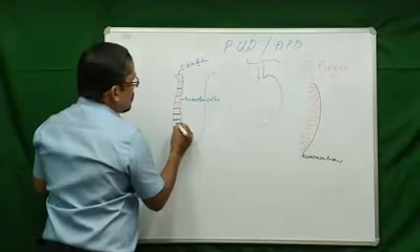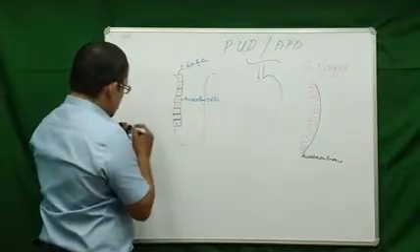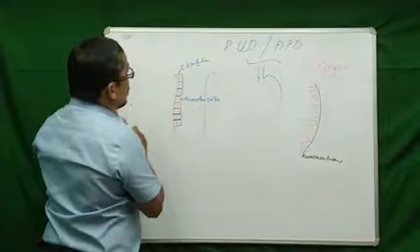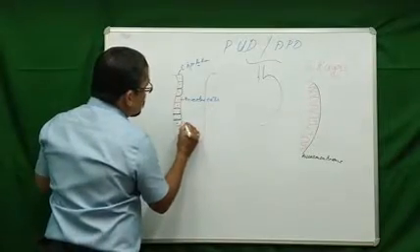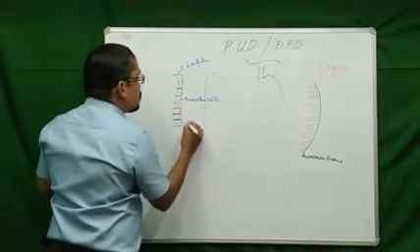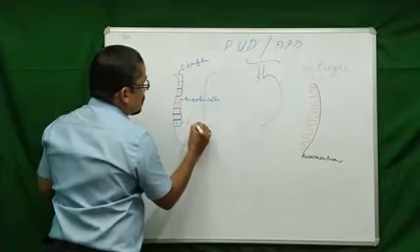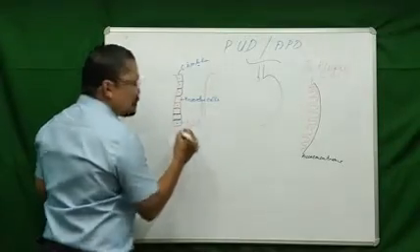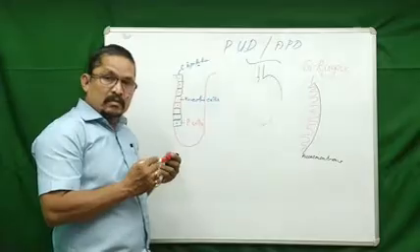These cells are known as P cells or parietal cells.